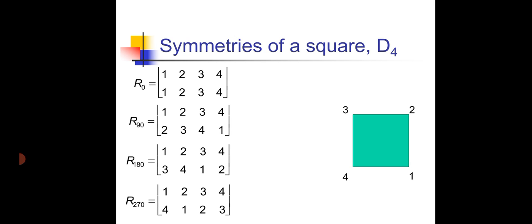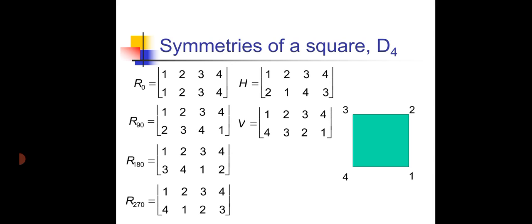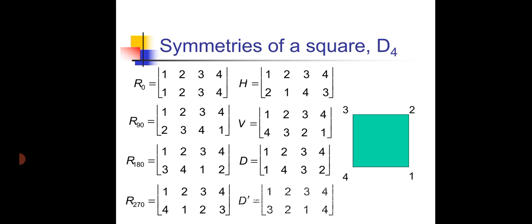Next 270 degrees, starting from 4: 4, 1, 2, 3. Similarly, we rotate it for the horizontal reflection, 2, 1, 4, 3. Next the vertical reflection, 4, 3, 2, 1. Next diagonal reflection, 1, 4, 3, 2. Next again diagonal, 3, 2, 1, 4. That's all. So 4 factorial possibilities.